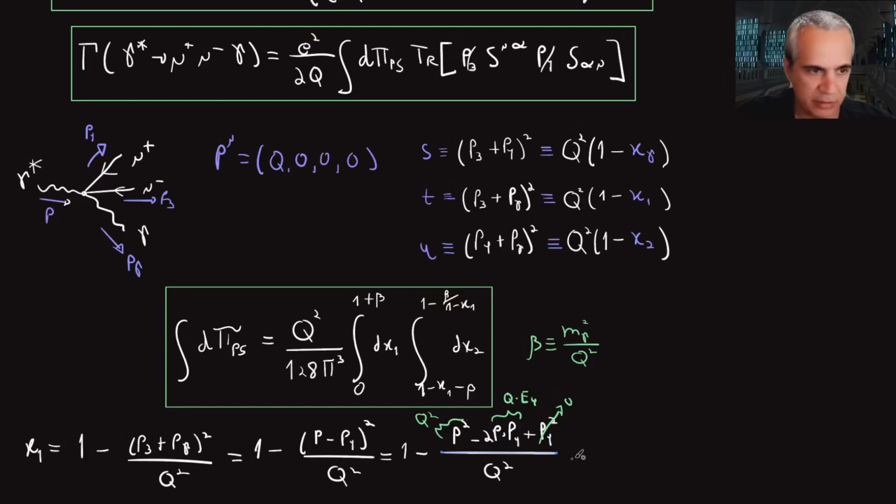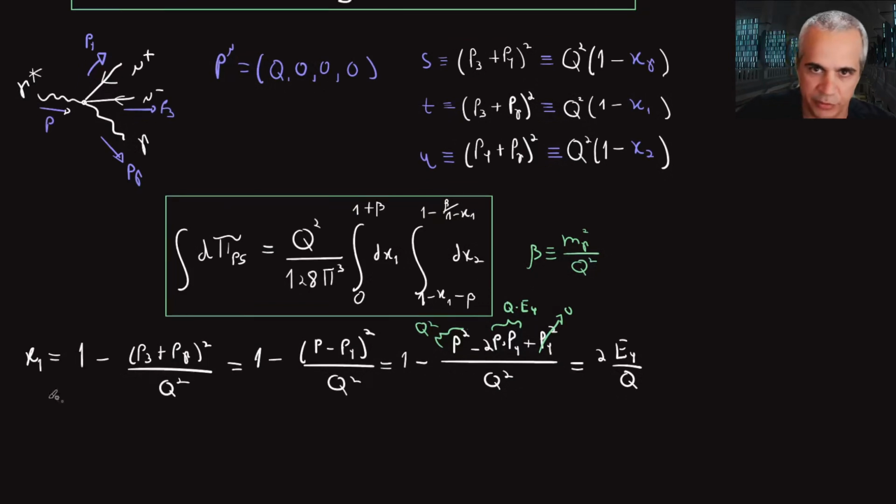And I'm left with 2E4 over Q. And you see here, right, that x has this interpretation of the energy carried by this particle over the initial energy available for this virtual photon, right? Same for X2. You do the same calculation for X2, and you see that's 2E3 over Q for this guy.